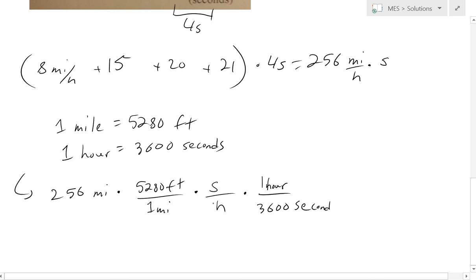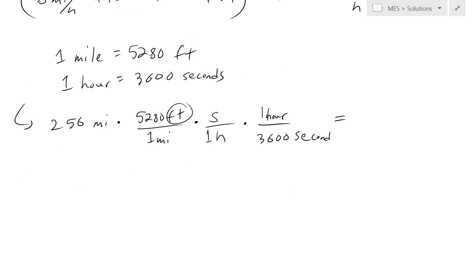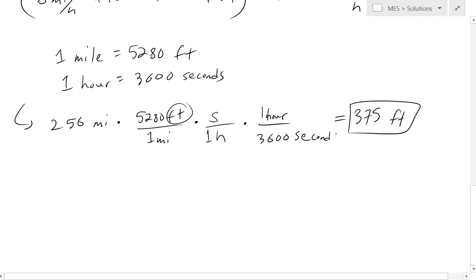So this way the hours cancel, the seconds cancel, and all we're left with is feet. Then we put this in a calculator, and we get roughly 375 feet. And that is our answer.